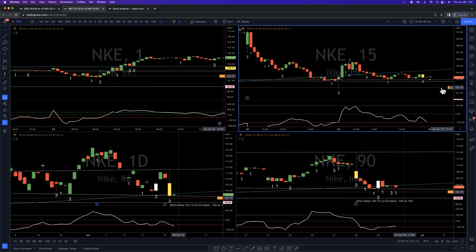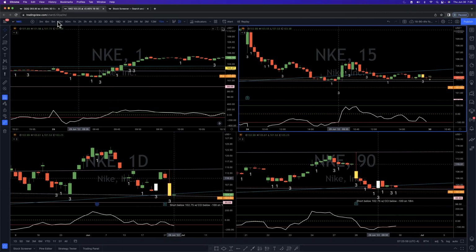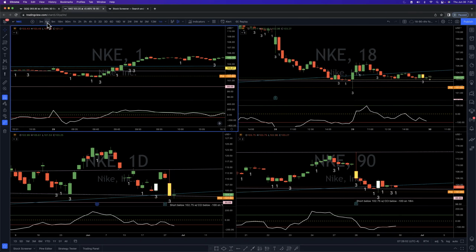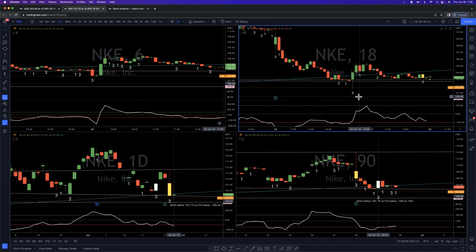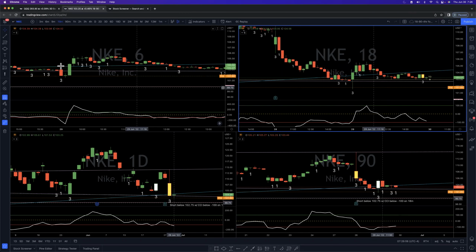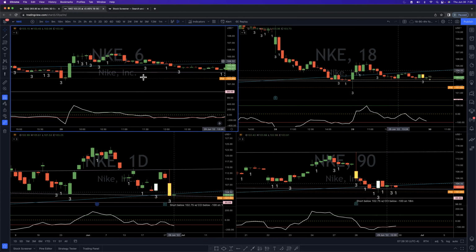Now, I didn't take that trade, but what I want to show you, I'm going to just flip back over to my 6-minute. If you were getting in here on the 6-minute, you could have actually entered that early, and use this as your stop. Because when I see this setup, I'm not using my broadening formations, I'm using this 6-minute scalp.